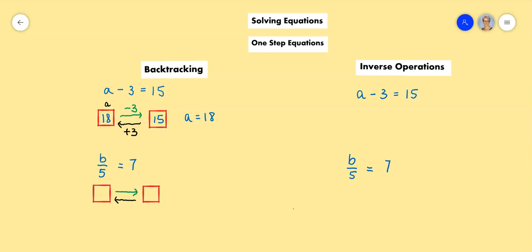Now let's do the same thing using inverse operations. We have a minus 3. Now over here, to undo the minus 3, we had to plus 3. So we're going to plus 3 to both sides of the equation. Plus 3, and that's going to equal 15 plus 3.